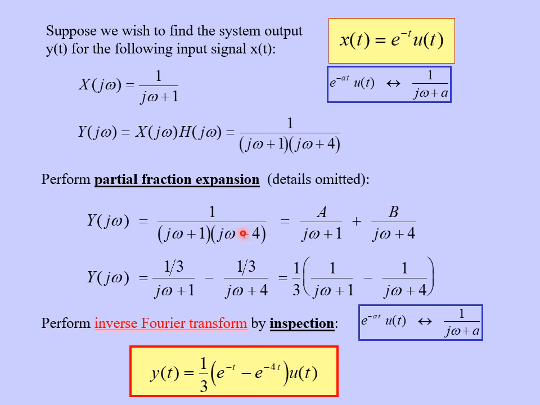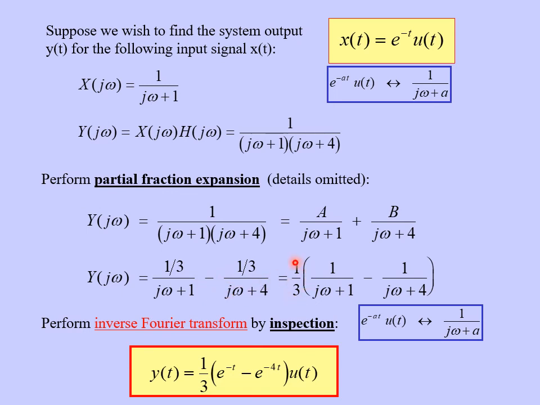So again, we split it up into the two pieces, call one uppercase A and the other a coefficient uppercase B. And I'm not going to go through the details on how to find A and B, but remember we just did this a few slides ago. You just use the same method and you'll find that uppercase A turns out to be 1/3, and uppercase B turns out to be minus 1/3. That's why we pick up that minus sign there.